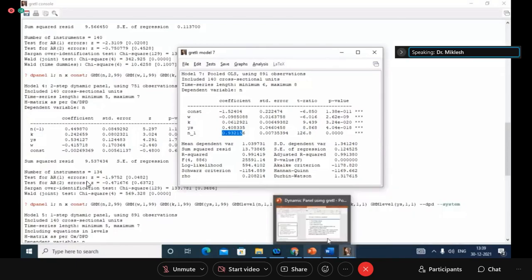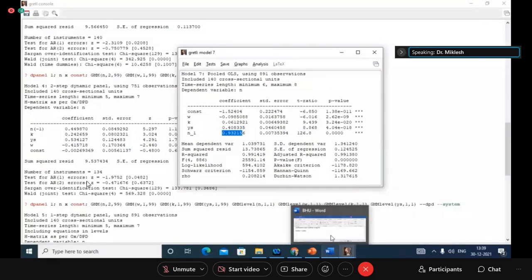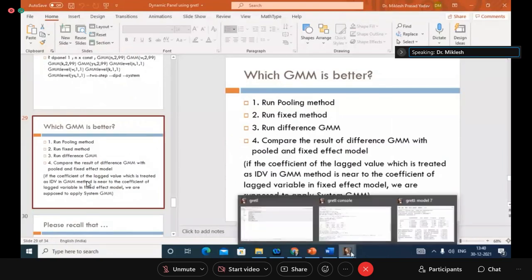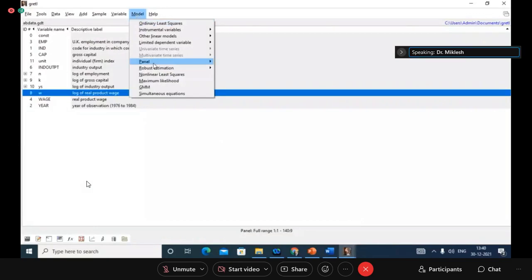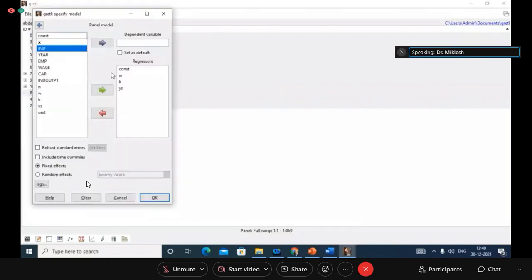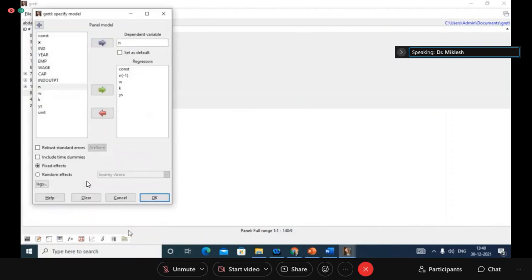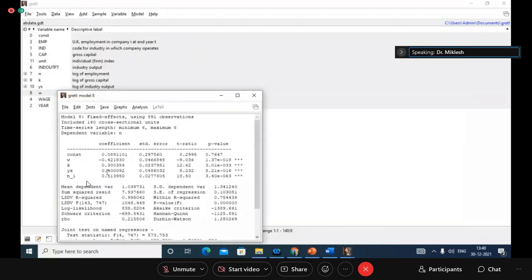Then I apply the fixed method. The second method is to apply the fixed method. So what I do, I go there and click on model, panel, fixed, and then I click here, and then I select lag DV, OK, and OK. What I get? I get the fixed effect model.